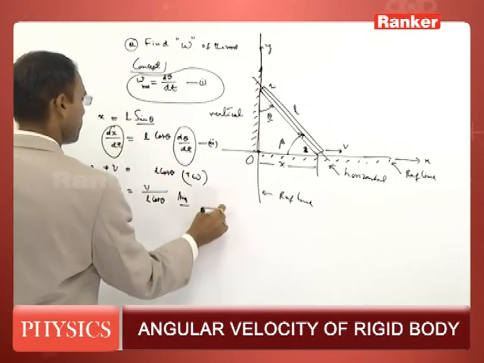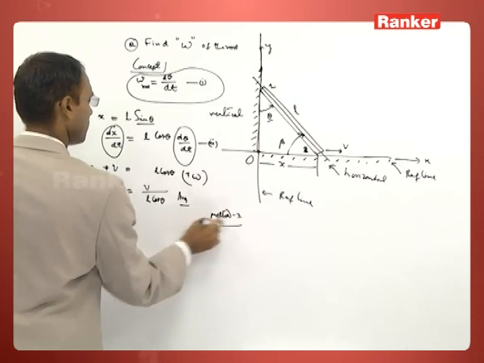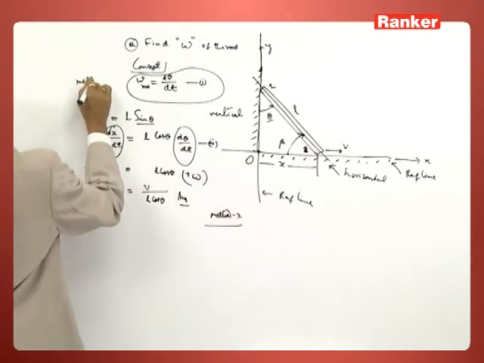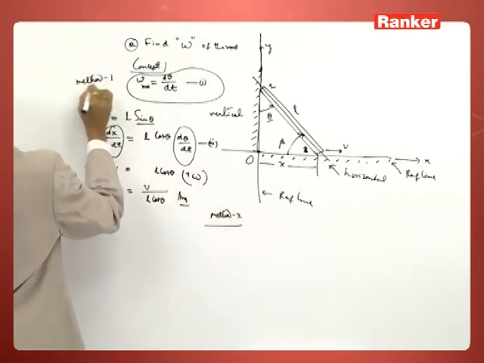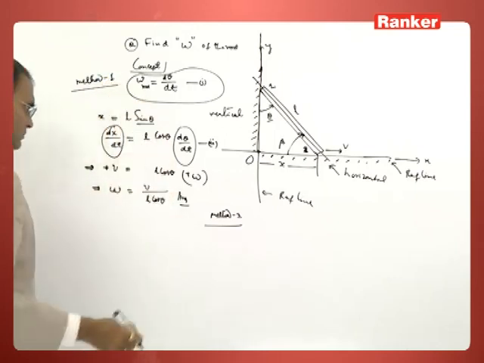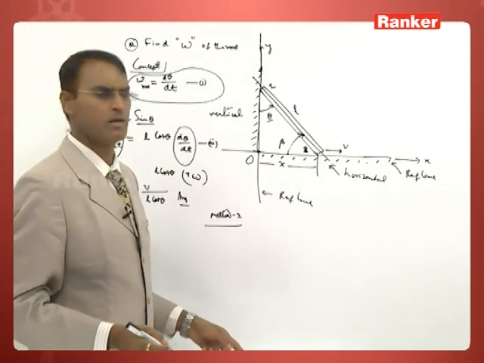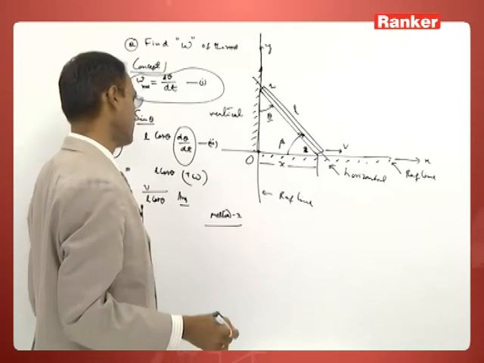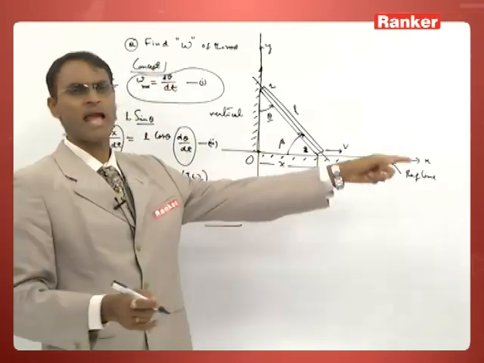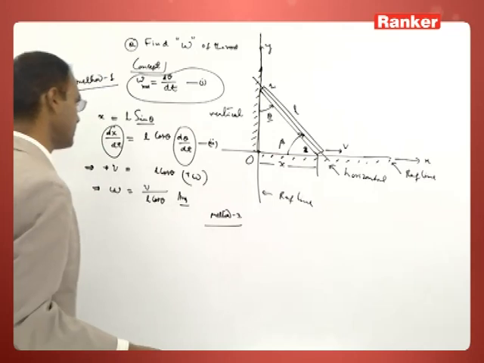With this method also you can do. Method 1, you take the y axis as the reference line, and method 2, you may take the x axis as the reference line.